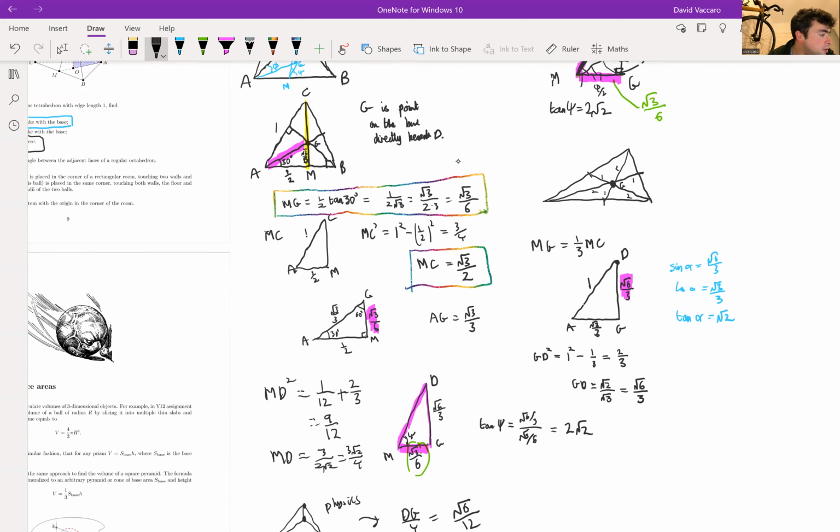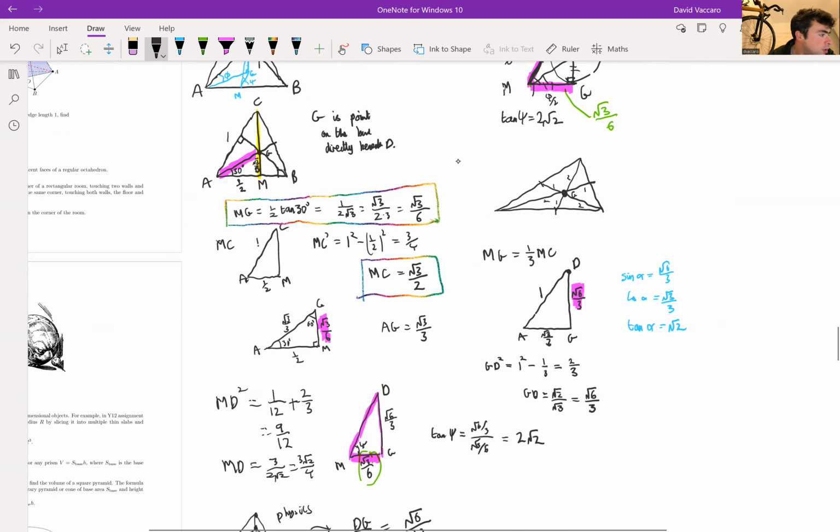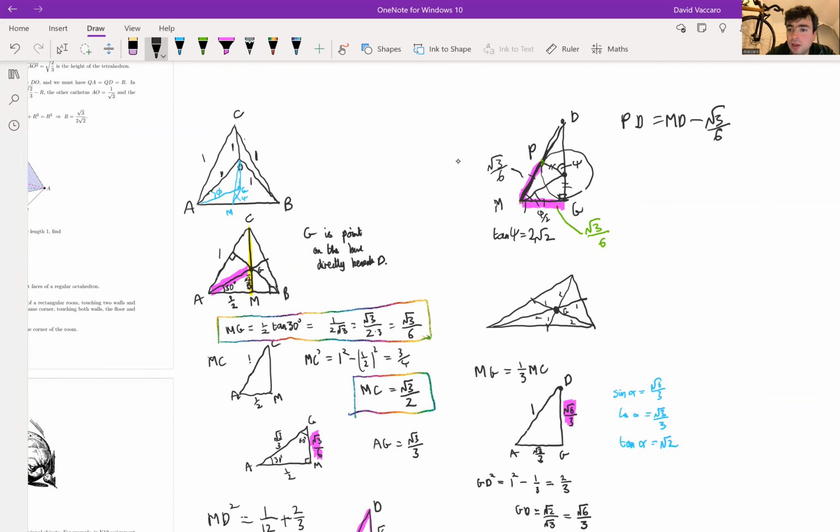And that then gives me that this is root 3 over 3. So this distance here is root 3 over 3.